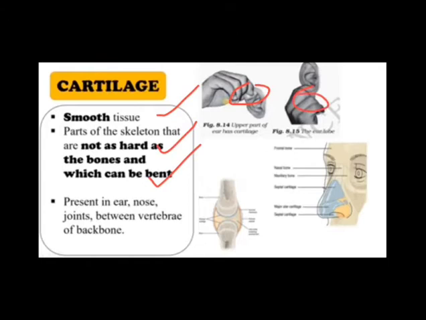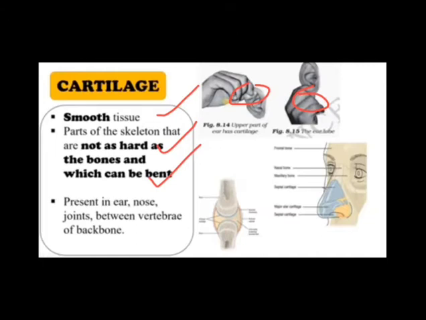The lower part of the ear is mostly very soft, and the upper part is comparatively hard, but it is not as hard as the bones. So the part which is not as hard as the bones is known as the cartilage. They are smooth tissues.